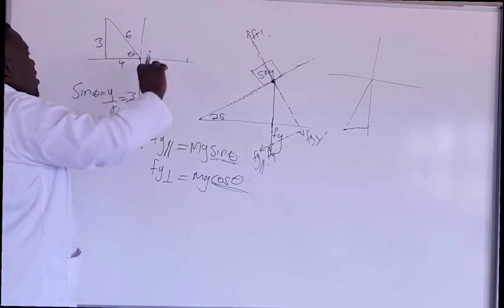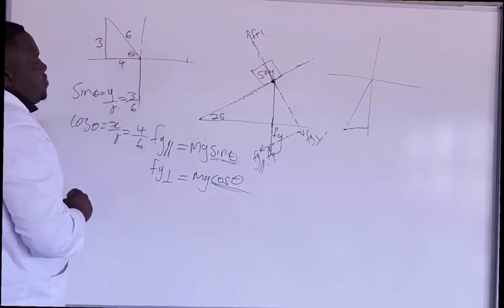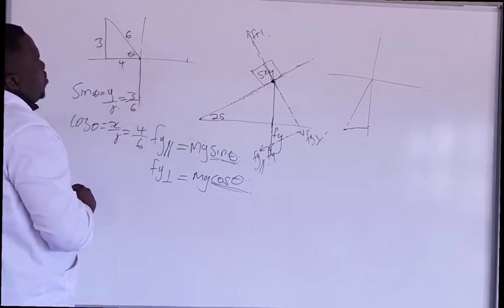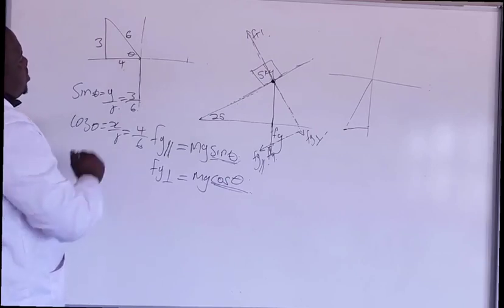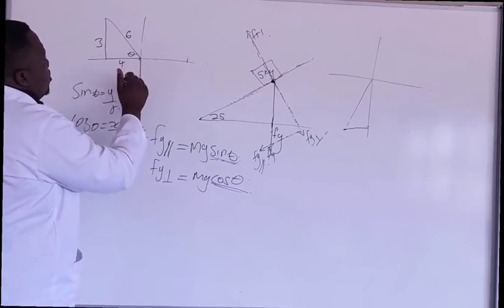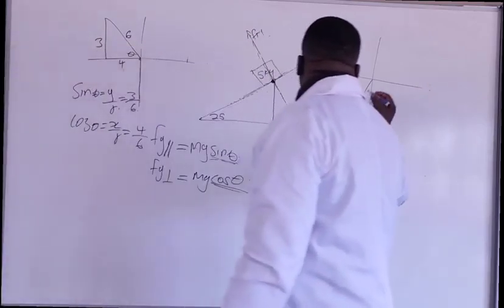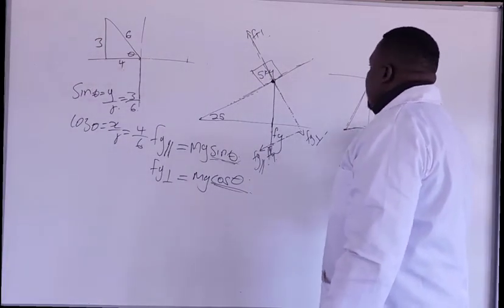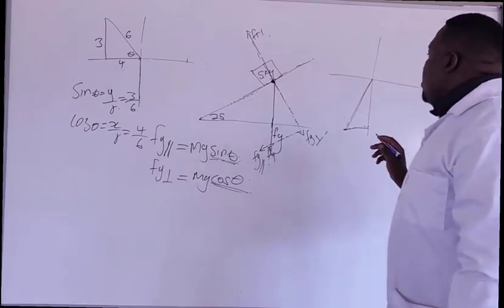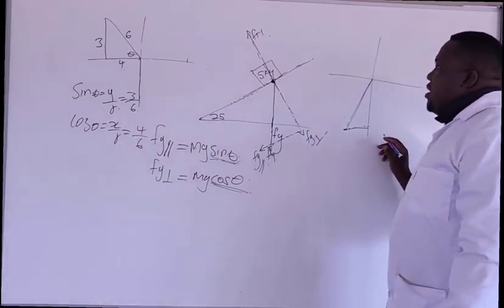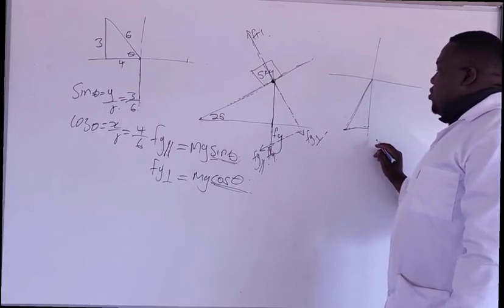If we rotate this triangle, we're going to have a triangle like that. Can you see what we have?